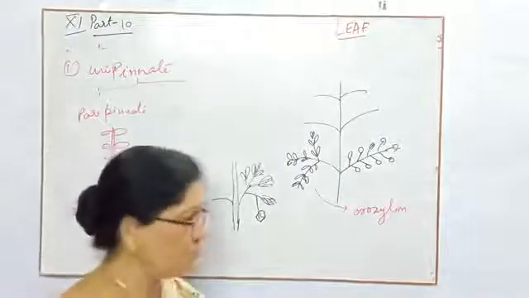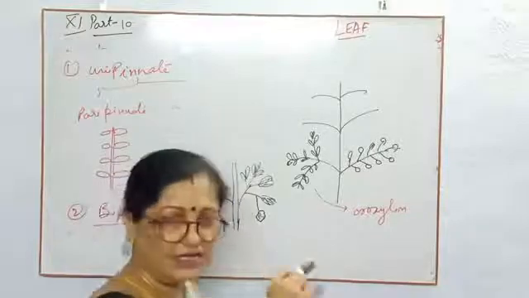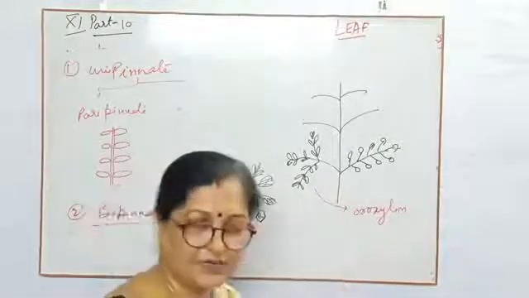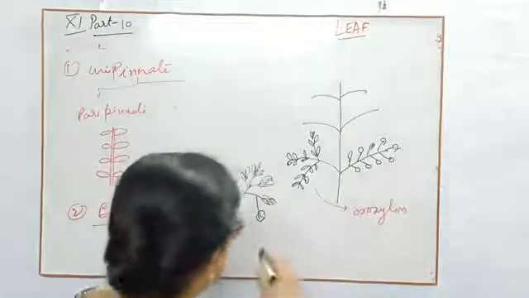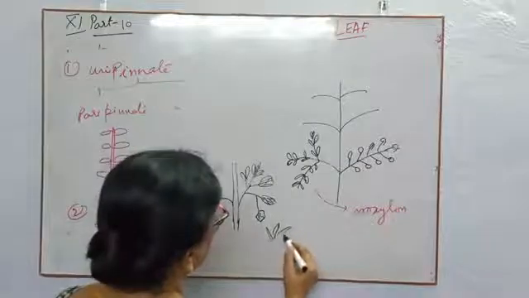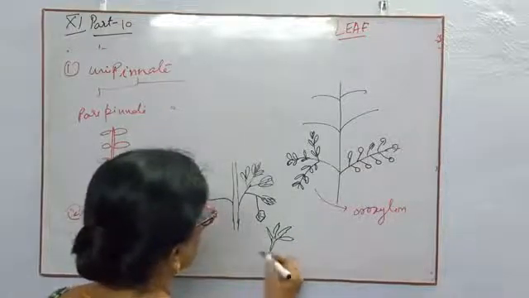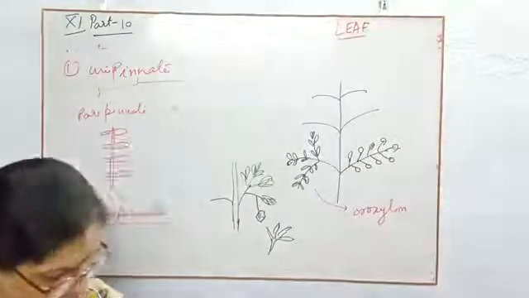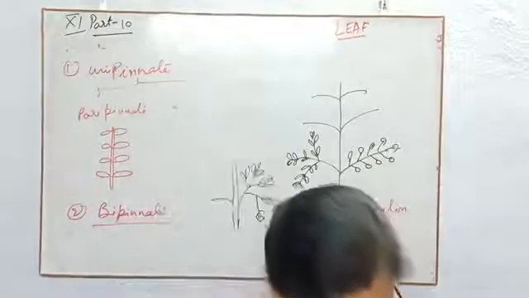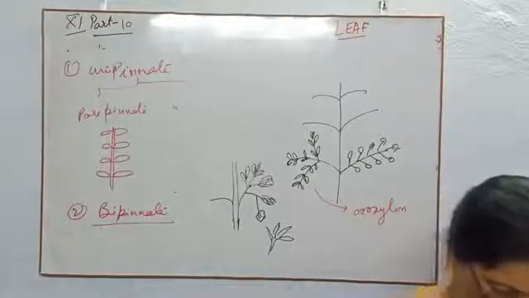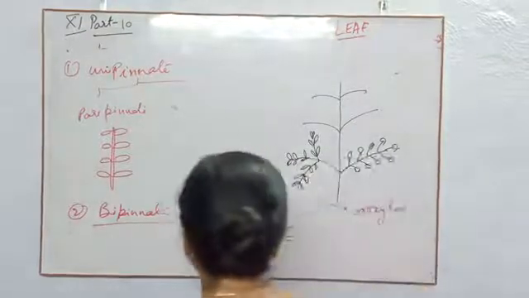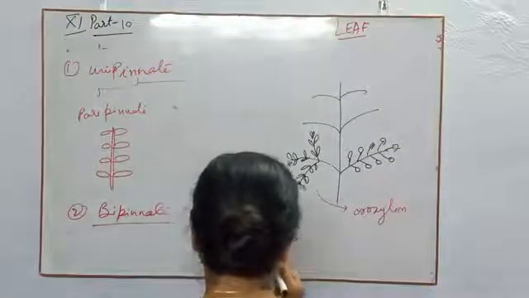For example, you have seen coriander leaf, carrot leaf. When coriander leaves become totally mature, the parts of the leaf have this type of separated structure. Carrot leaf also has separated structure. Fennel leaves also have separated structure. So these are known as decompound.